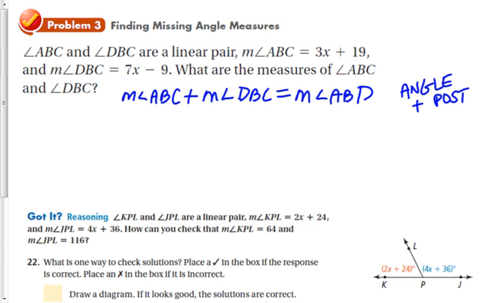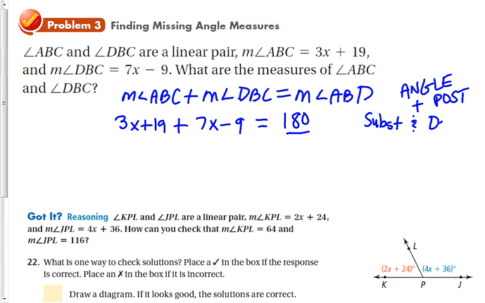And then, by substituting in, we get 3x plus 19 plus 7x minus 9 equals 180. And there's actually two things. We're using substitution, of course, there, but also the fact that ABC and DBC are a linear pair gives us the 180. And let's say definition of a linear pair.